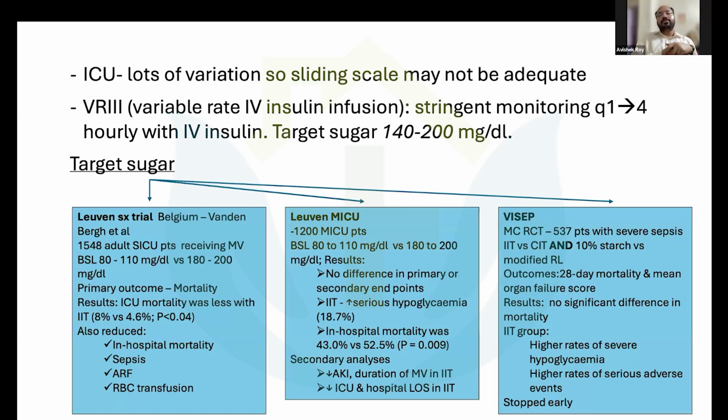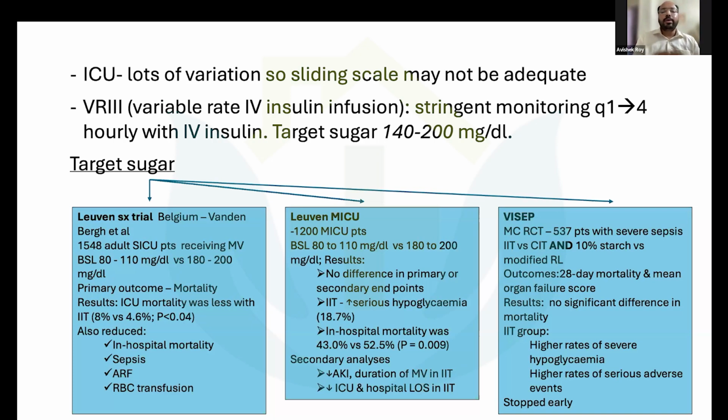Now coming to the next part of our discussion: what should be our target sugars when we manage a patient in ICU. In the ICU, there is a lot of variation. I'll just complete the previous part once: the type of insulin, I'll be discussing a bit later. Insulin is usually given subcutaneously, but we can give it intravenously.